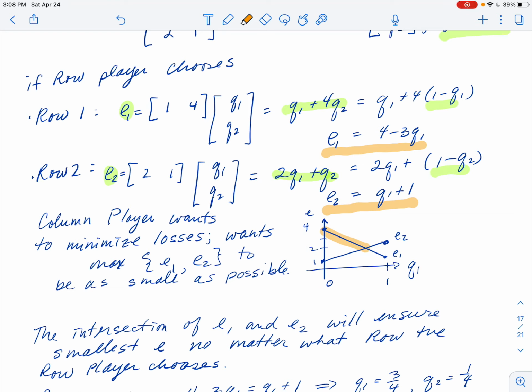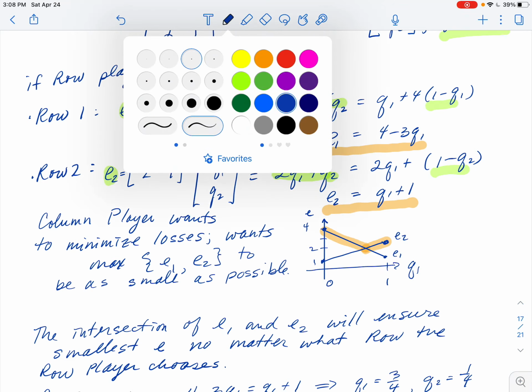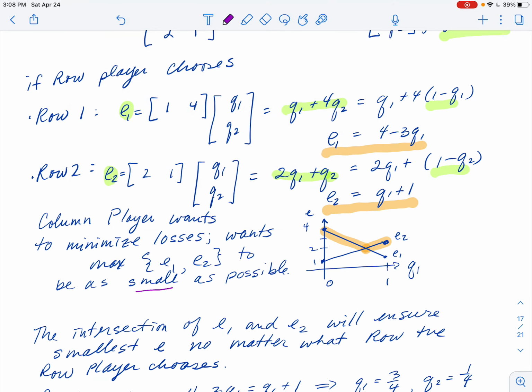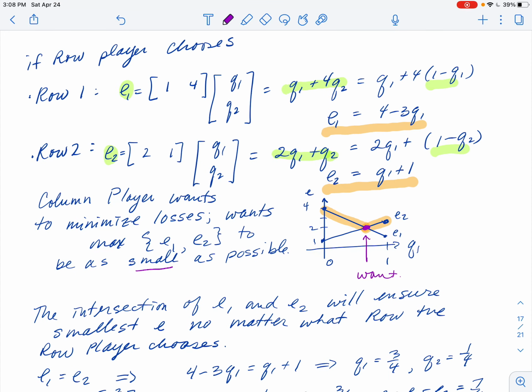And then the bigger of these two goes off in this direction. So the smallest of those, maybe I'll use purple, would occur right here. All right, and so that's where we want to be if we're the column player. We're going to minimize our losses. So we're looking at the biggest possible loss between E1 and E2 and choose the smallest place. So that's where we want to be right there.